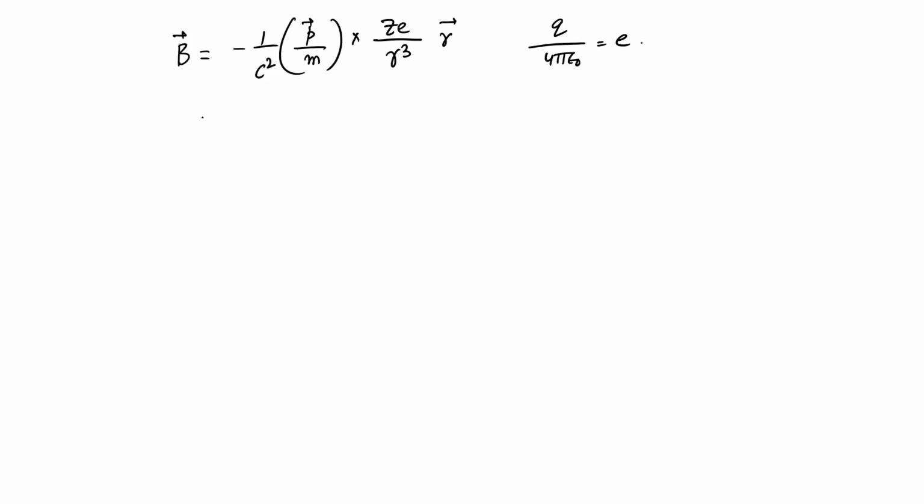And so, this gives you minus Z E divided by m c square R cube and p cross R. Those are the vectors that you see here on the first line, and p cross R is reminding you that the angular momentum is the moment of the linear momentum, which is written as R cross p. Since it is a p cross R, we will get a minus sign.